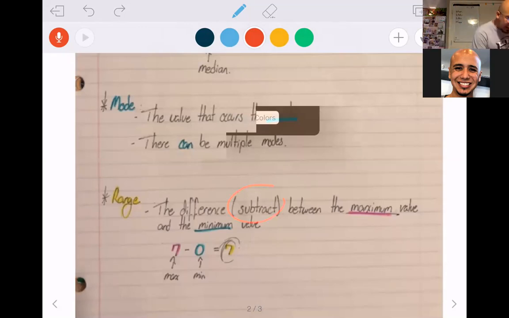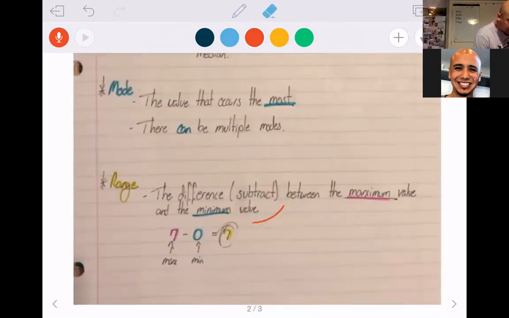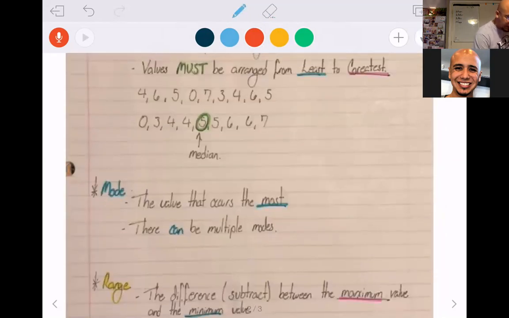And here in this example, that is very easy to do because, as you can see, the largest value is 7 and the least value is 0. So I am literally going to do 7 minus 0, and that's just going to give me 7.